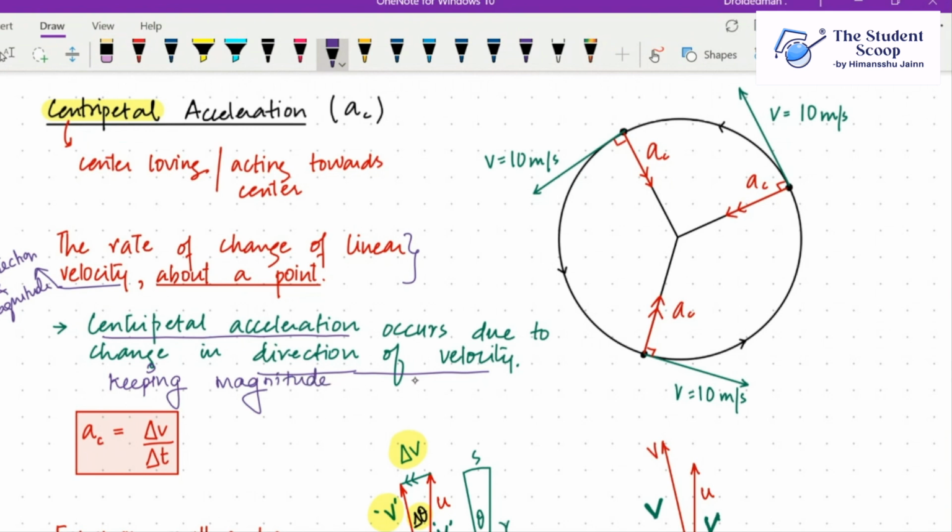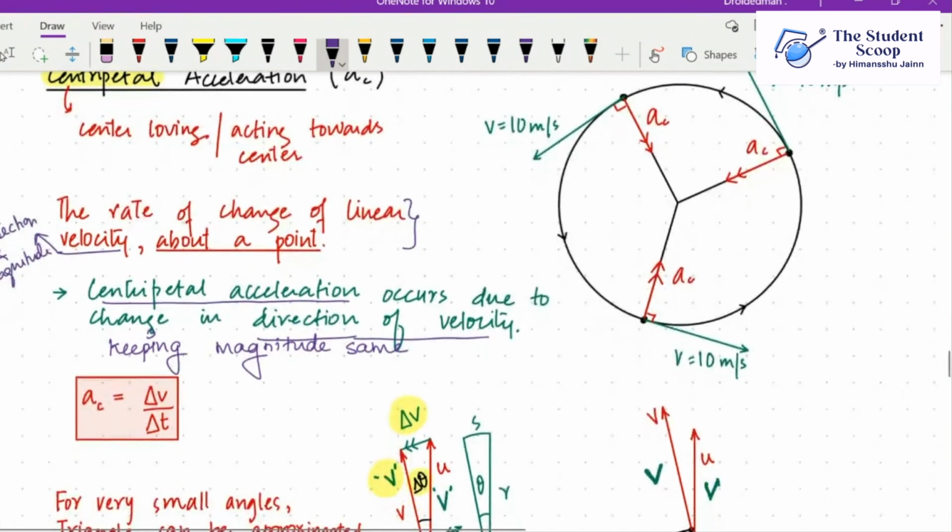Speed, being a magnitude, is the same throughout the circular motion, but there is still some kind of centripetal acceleration. Now, how do we calculate this acceleration? Why is this acceleration always toward the center? We will try to explore that.